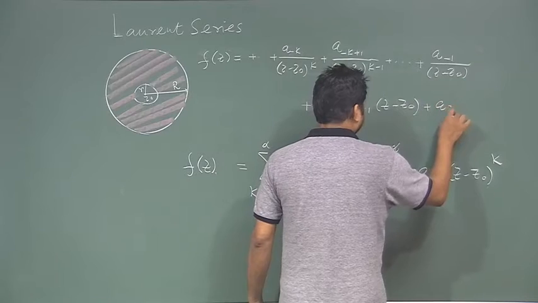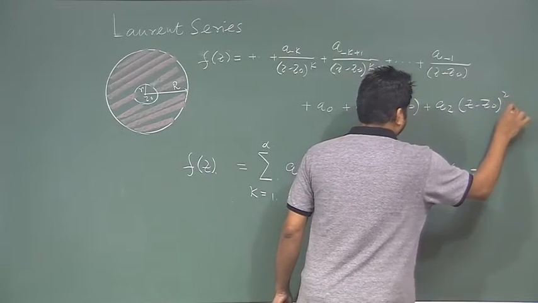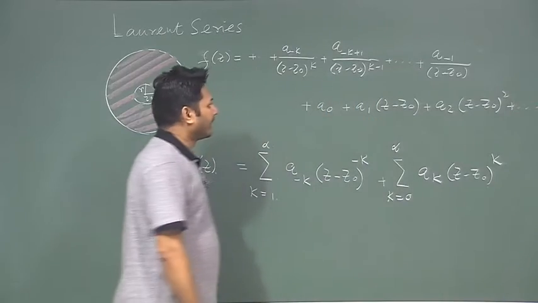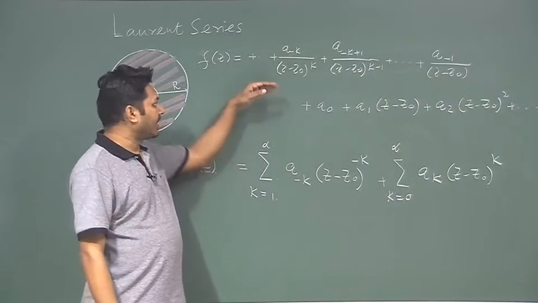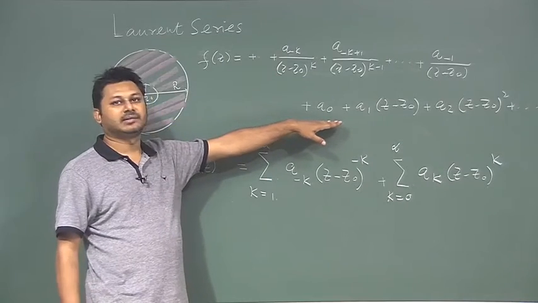Just expand this thing and try to find out how this expansion looks. So, some portion has 1 by (z - z0) terms and some portion has (z - z0) terms.